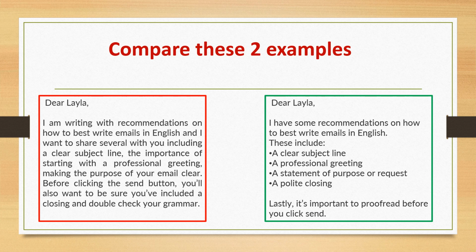So the first one with the red, it feels like it's more condensed. It looks longer. It doesn't look organized at all. It's like a lot of information given at the same time. In the second one, it feels like it's more organized.